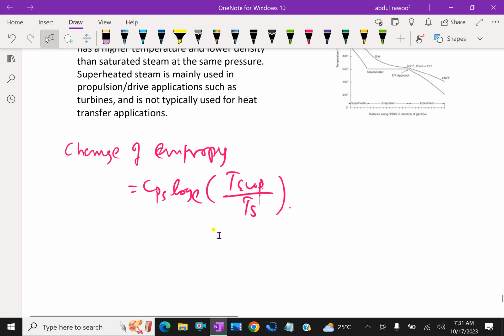Here we have to use T super over Ts and log of that one. With multiplication of Cps, we can get the change of entropy of superheated steam.